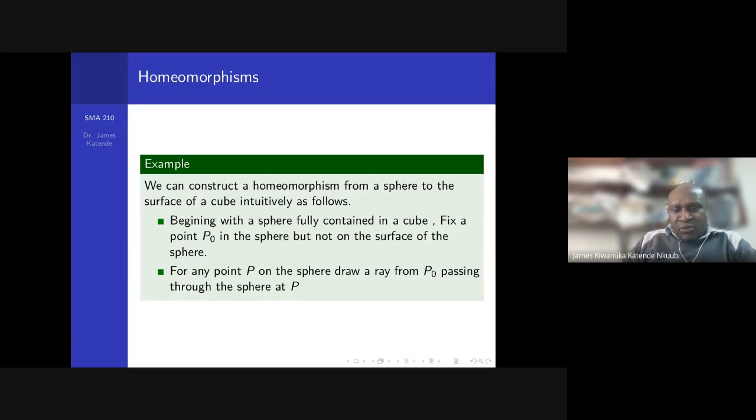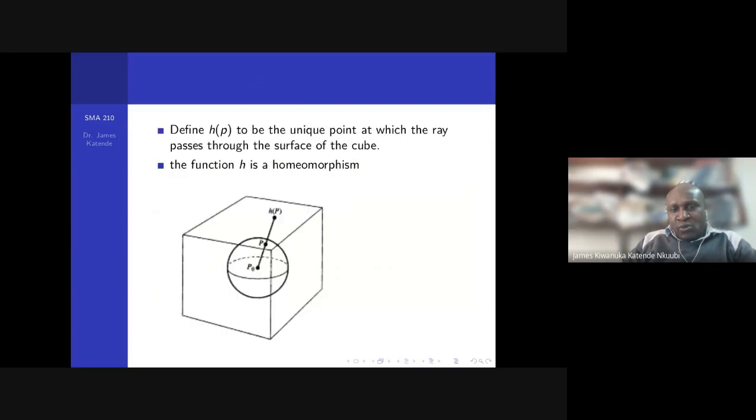So we pick any point P on the sphere and draw a ray from the point P0 that is inside the sphere. The ray starts from P0 and goes all the way through P and right through to the surface of the cube.